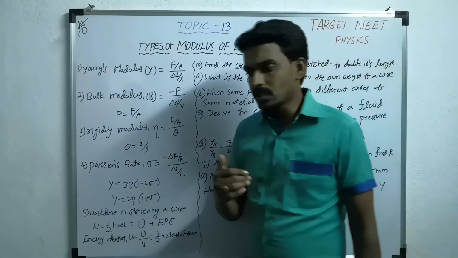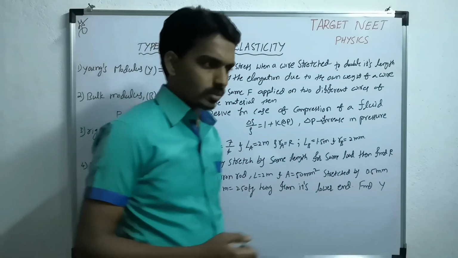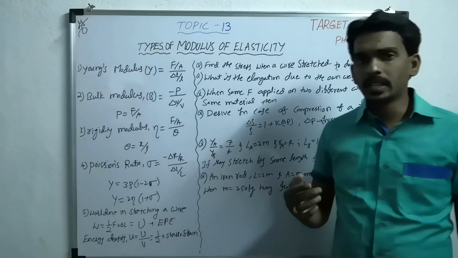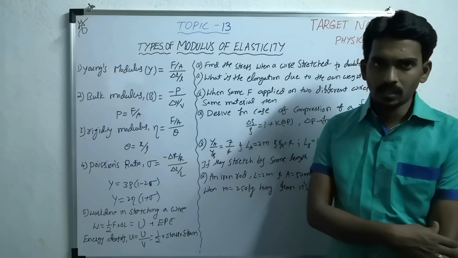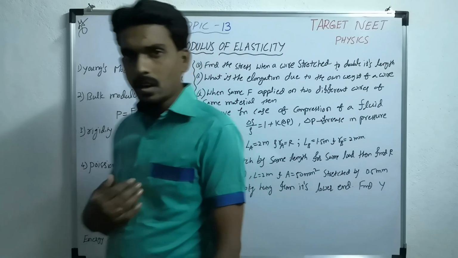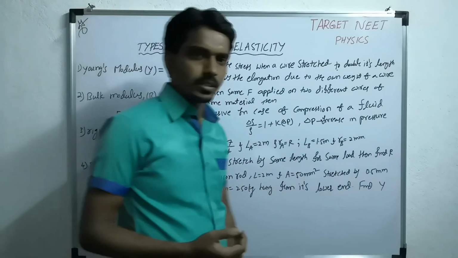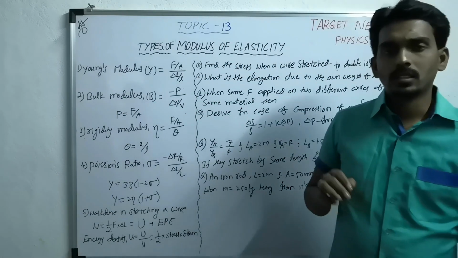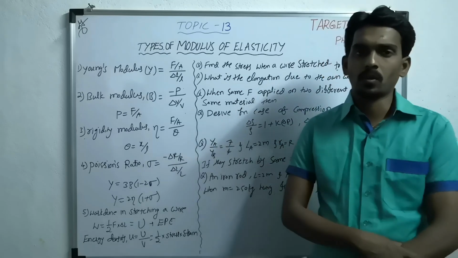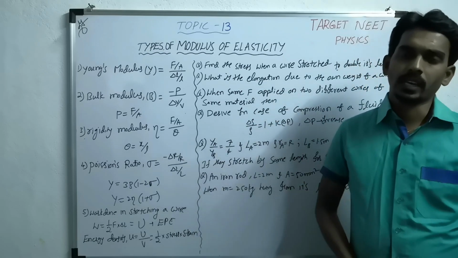But other than this, if the body is not moving even after applying force, then there is a change in shape, there is a deformation in the body, and that force we call deforming force. Now if you apply that deforming force on an object on a particular surface area, then the force per unit area we call stress in case of a solid body and pressure in case of liquid or gas.